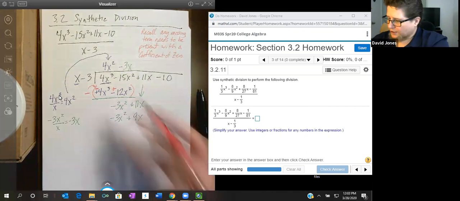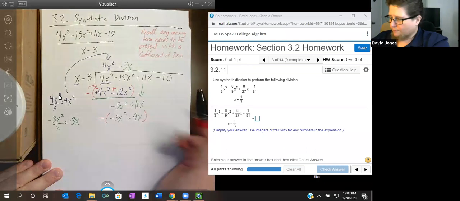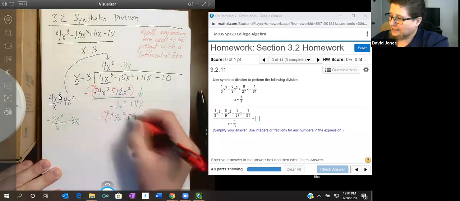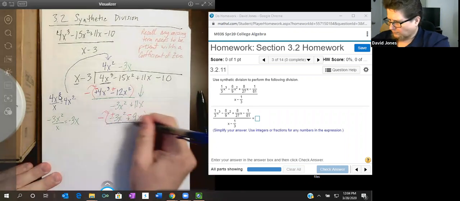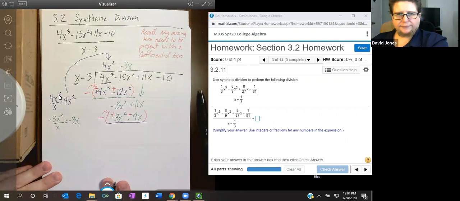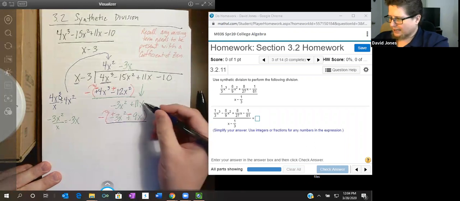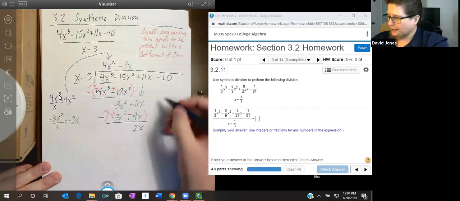And again, I'm going to do the subtraction, where I move the minus sign in by changing all the signs inside. The negative 3x squared and the positive 3x squared cancel. I have 11x minus 9x is 2x. And I'll bring down the minus 10.